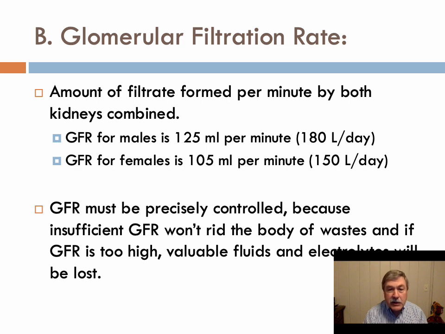One class of mechanisms is called autoregulation. And that's just a regulation of glomerular filtration by the afferent and efferent arterioles themselves that supply the nephron with blood.